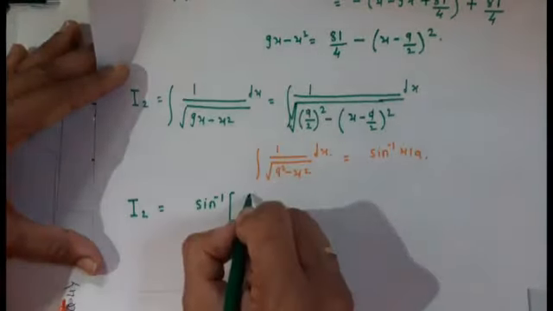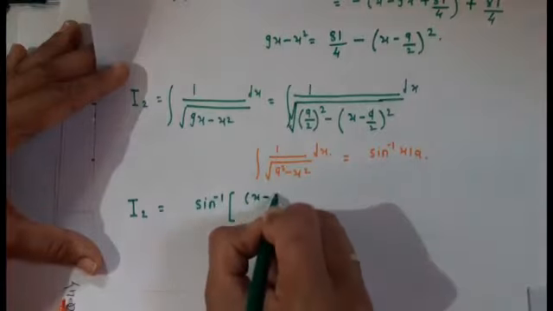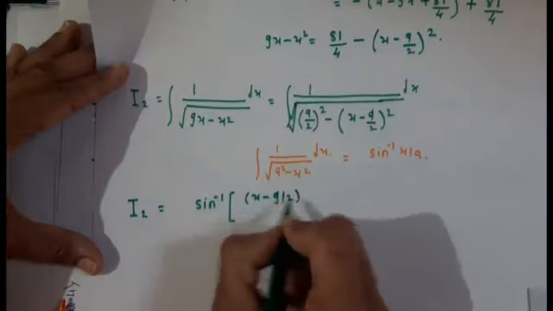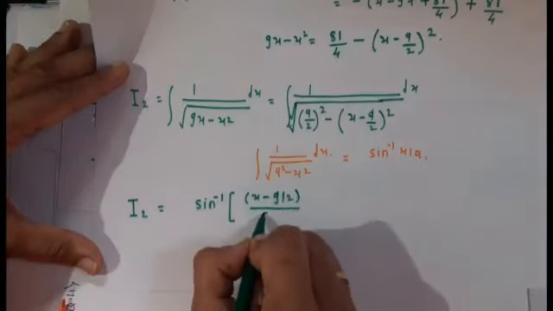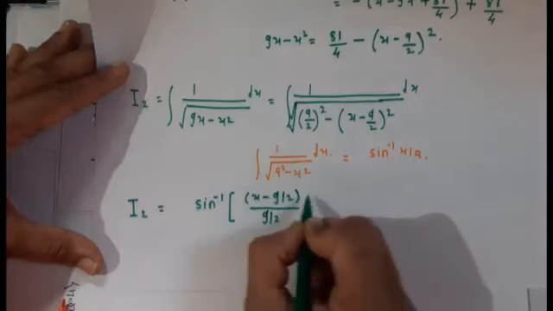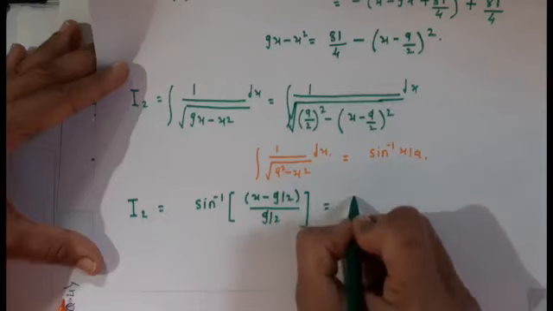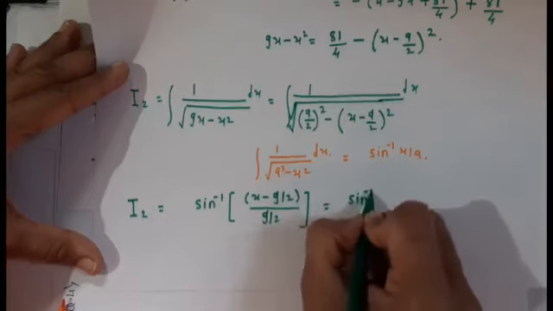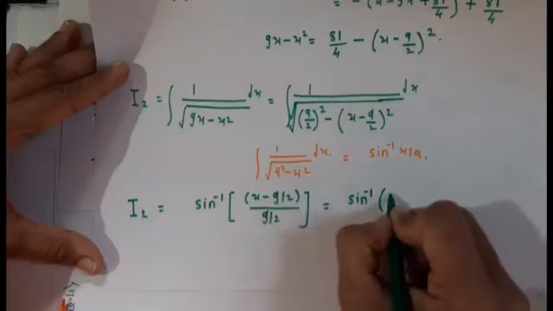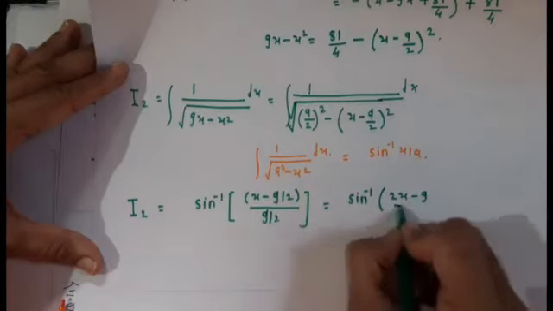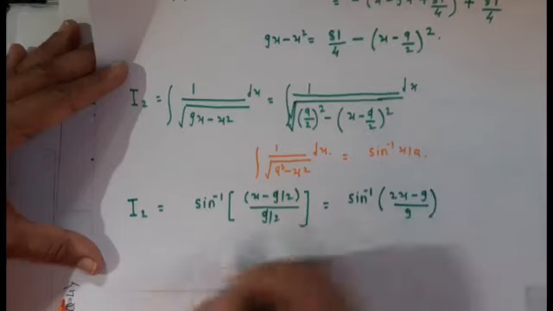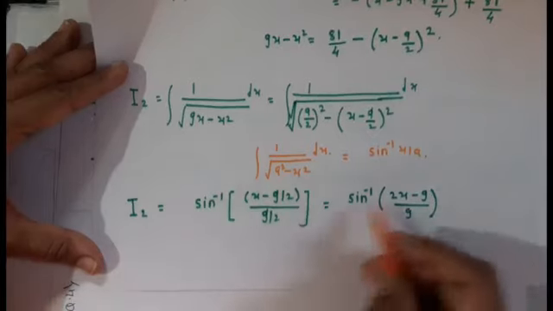The value of x is x minus 9 by 2 upon 9 by 2, and that is equal to sine inverse of 2x minus 9 upon 9. This is the integration I2.